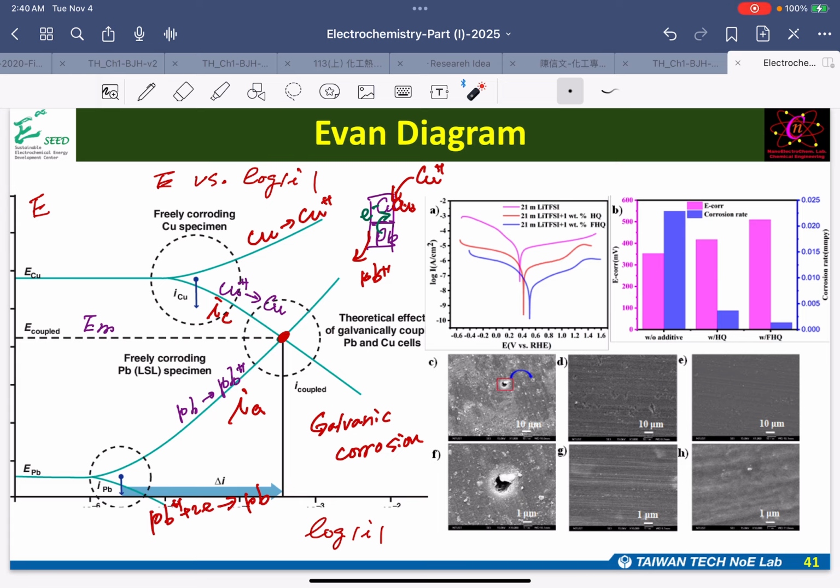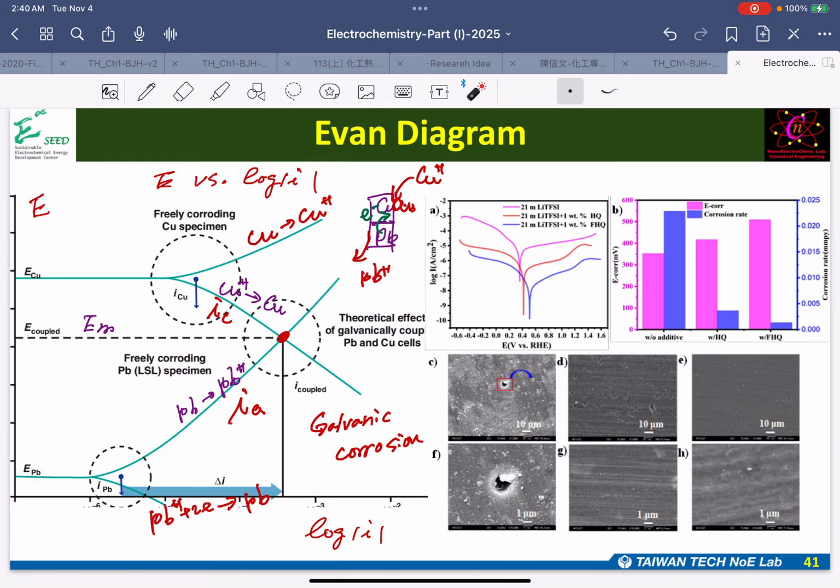So that's very similar to the equilibrium condition, where we have IA equal to IC, that we call I0. But that is at the equilibrium condition. In this case, we cannot call this an equilibrium condition, because it's a mix. The oxidation is not the reverse of the reduction reaction.